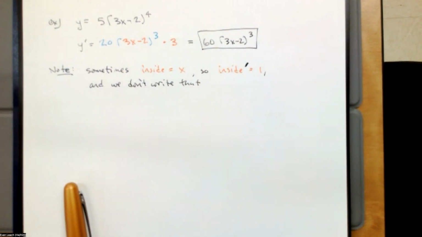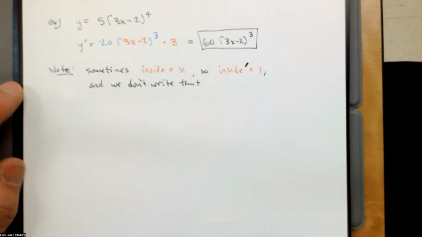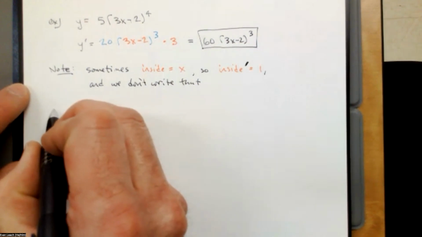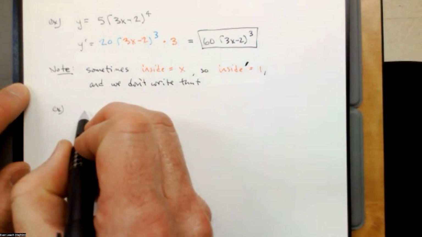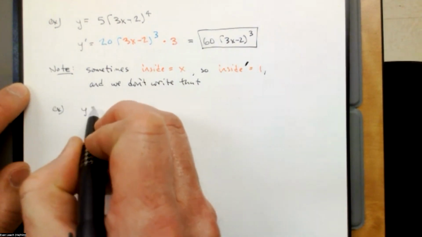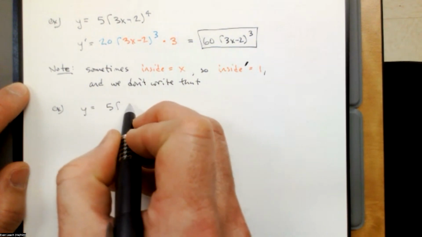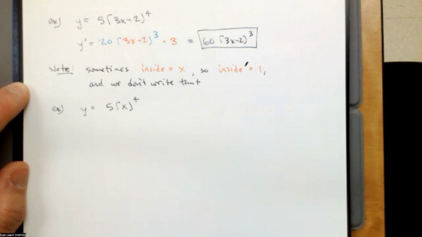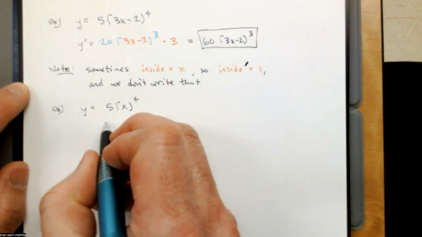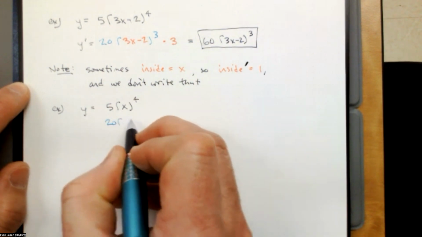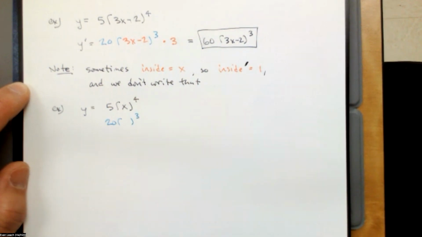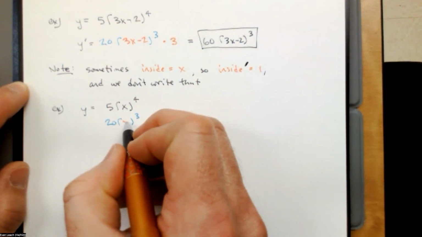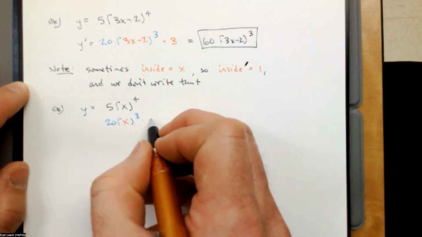So you have been, you just haven't been writing it. You haven't been thinking about it. Now you're going to be thinking about it. So for example, if our function y is equal to 5 times x to the 4th power, we'd say the derivative of the outside is 20 times x to the 3rd power, and the derivative of the inside is 1.